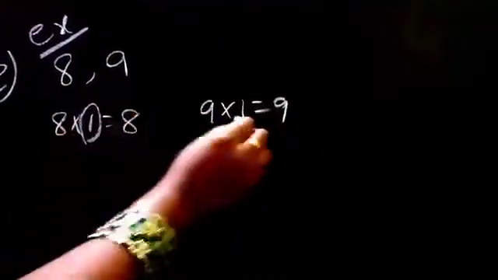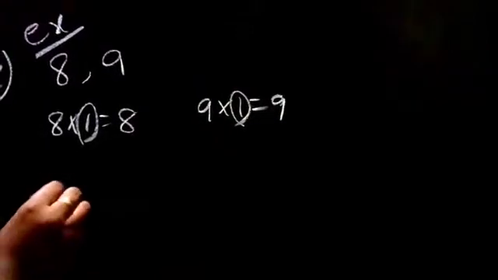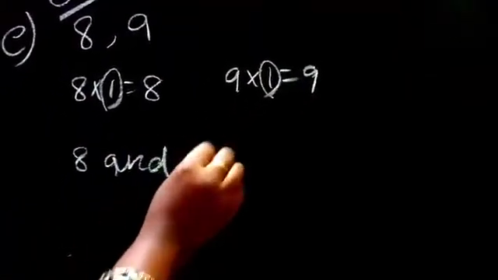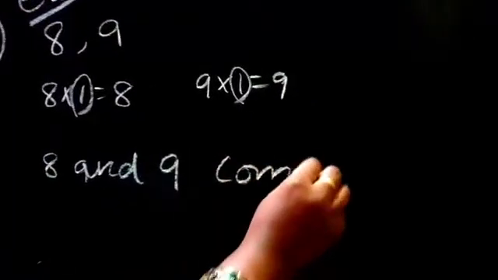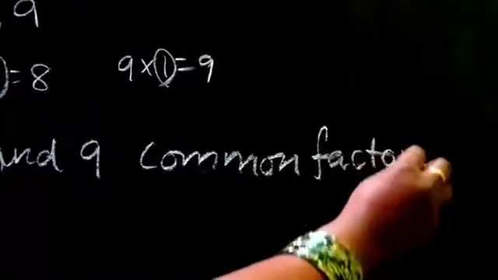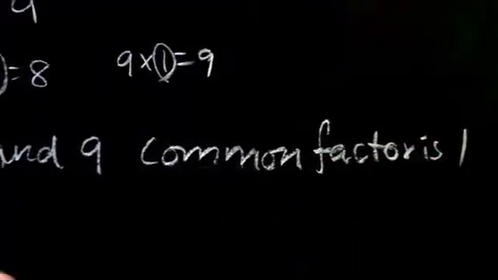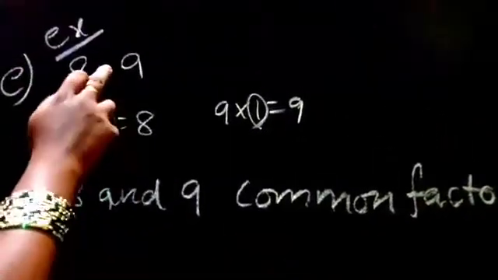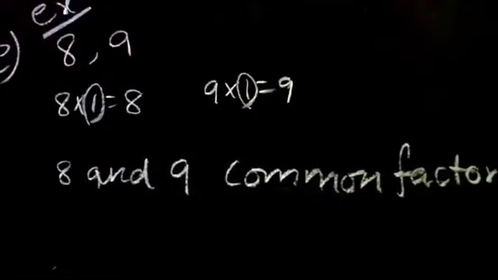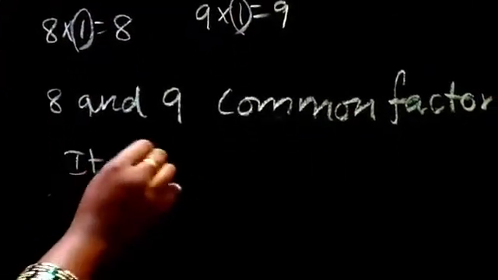So 1 is the common factor for both, which means 8 and 9 are co-prime numbers. But 8 and 9 are not prime numbers. So it is false.